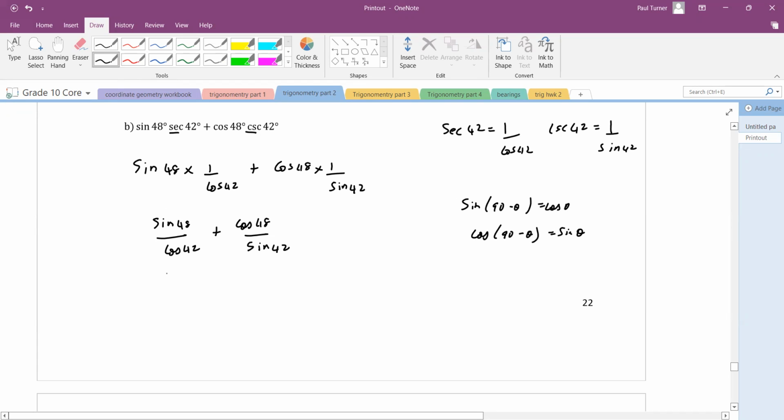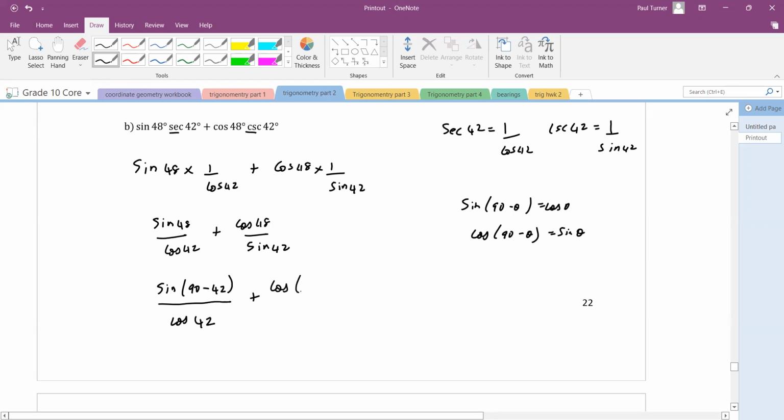So sine 48 can be written as sine 90 minus 42, and that would be cos 42.